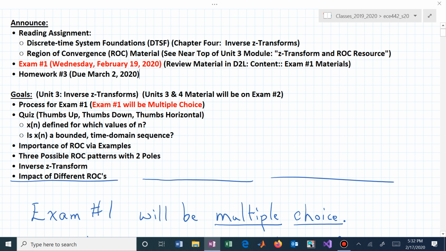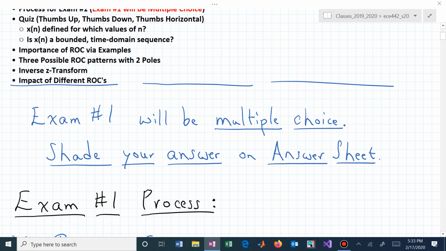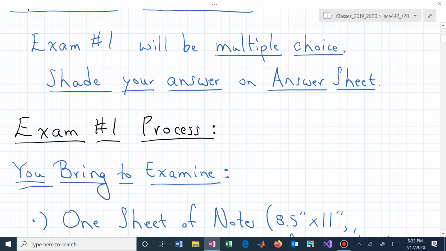We'll try to make this 3 possible answers. And then we'll go through the importance of the region of convergence with examples, which is really picking up from where we left off at the last lecture. And then we'll talk about 3 possible region of convergence patterns if we have 2 poles, and inverse Z transforms after that.